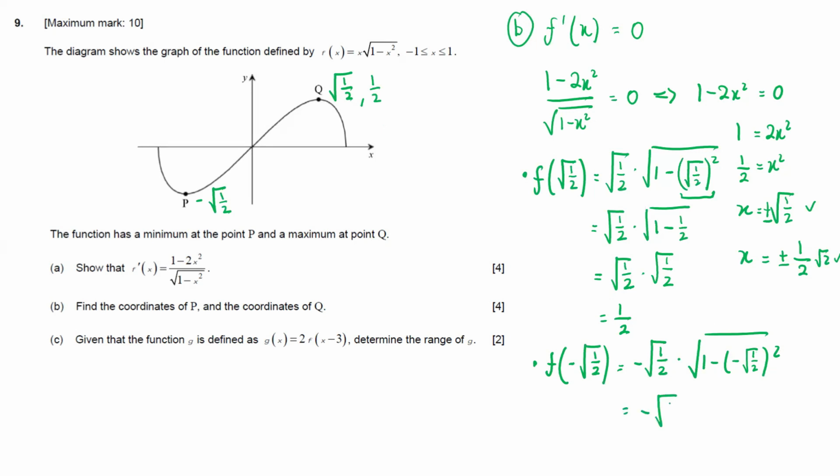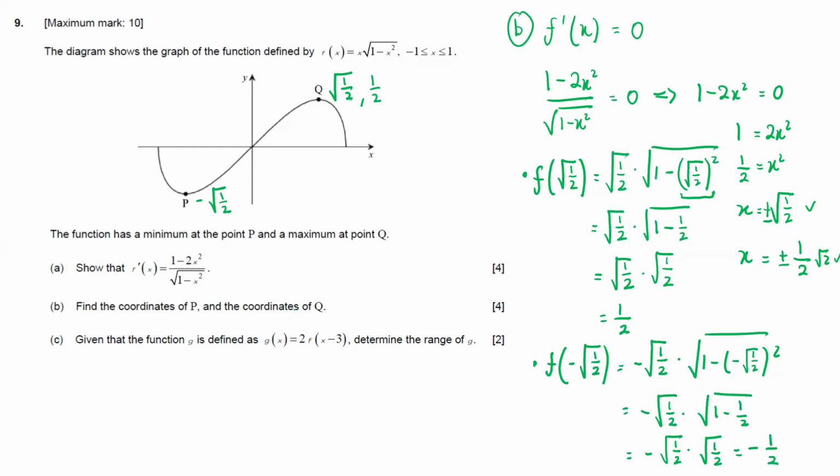So we'll have negative square root of 1 over 2 times 1 minus 1 over 2 again. So at the end, it's going to be the same: negative square root of 1 over 2 times square root of 1 over 2. At the end, it's going to be the same, but then we will have negative 1 over 2.